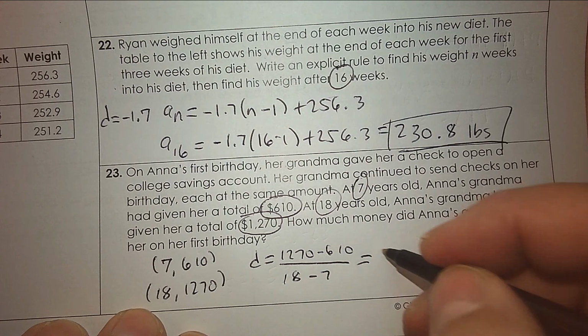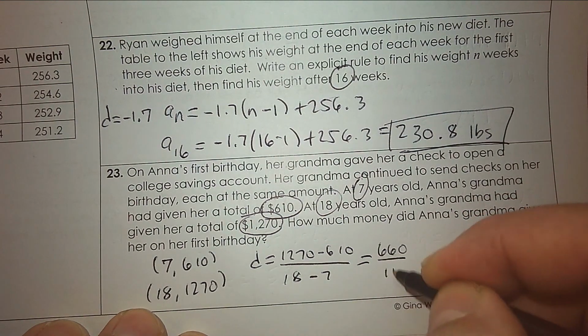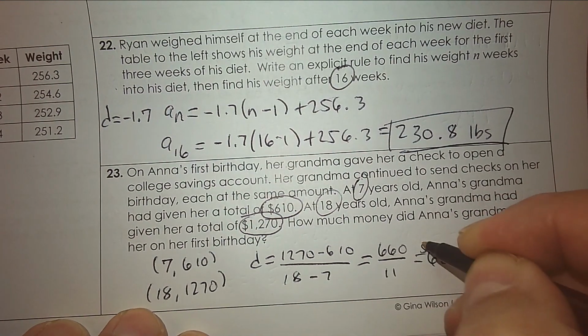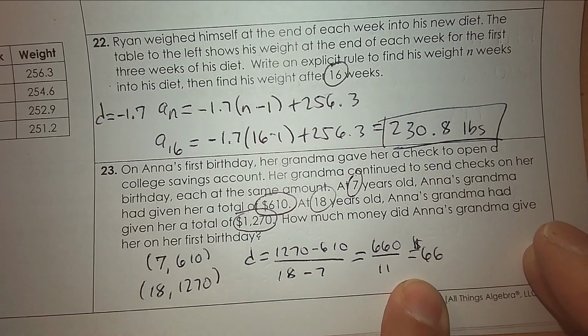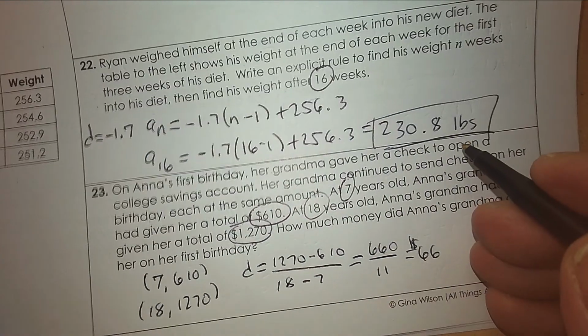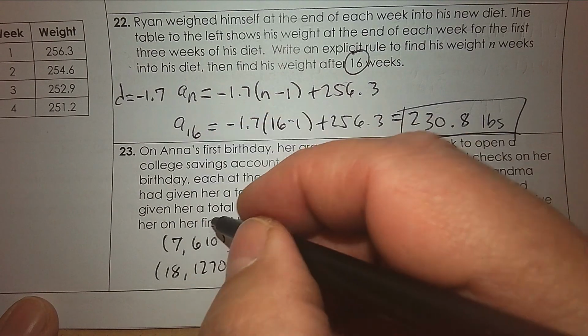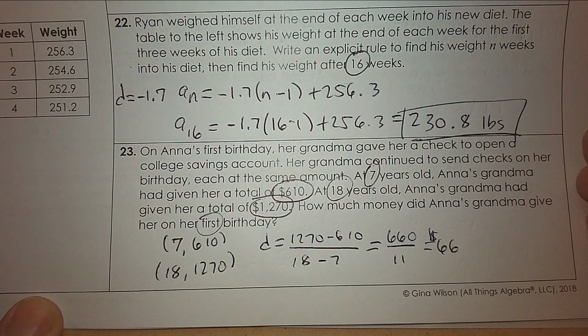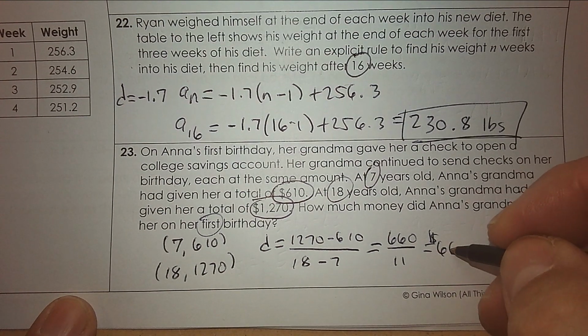That's 600 and then divided by 11, how much money for each birthday? $66. How much money did Anna's grandma give her on her? So the common difference, is it 66 or 60?